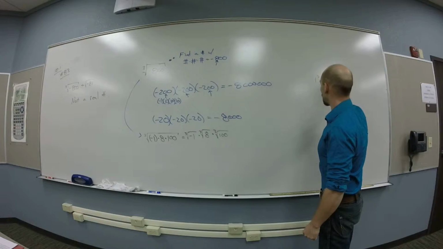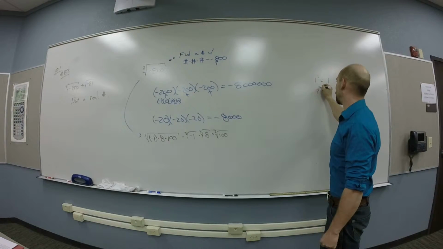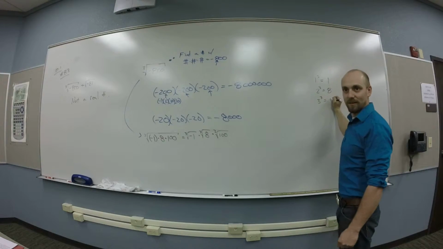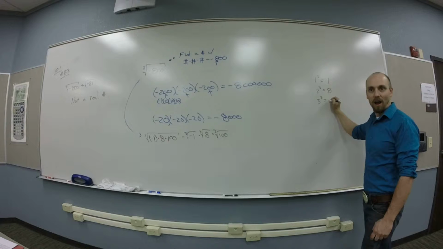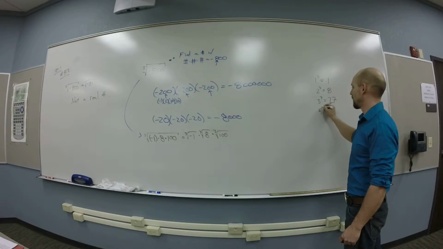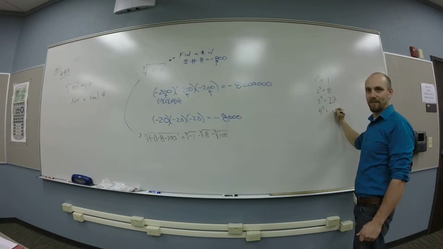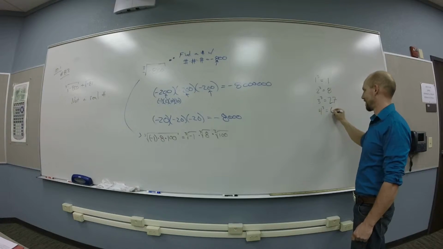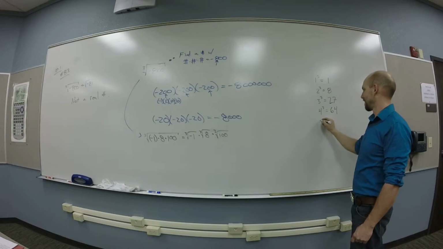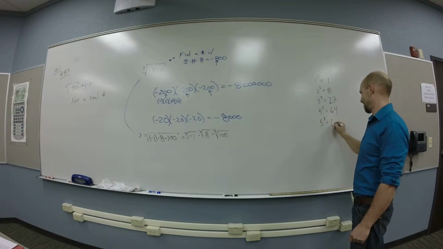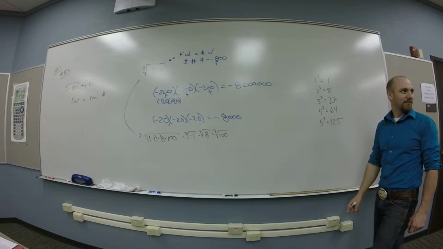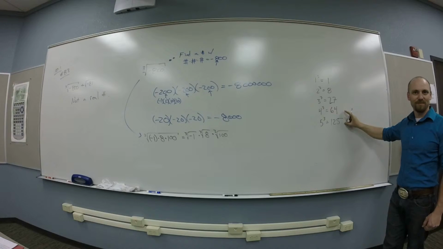Well, 1 cubed is 1, right? 2 cubed is 8. 3 cubed is 27. 4 cubed is 64. 125 is next, so it's in between 4 and 5. The best I can do is it's got to be between 4 and 5.